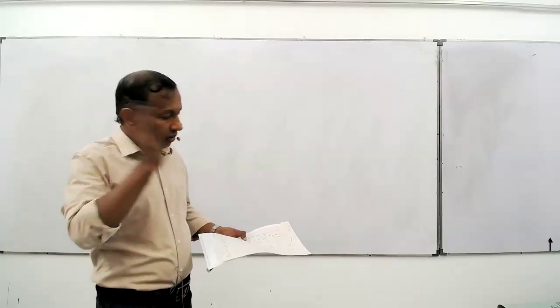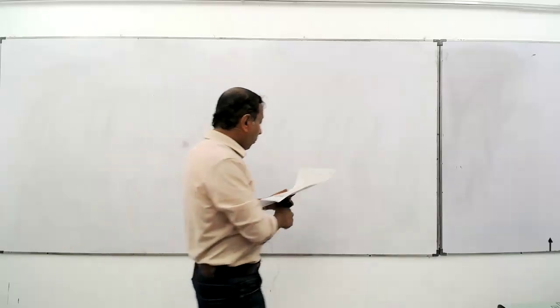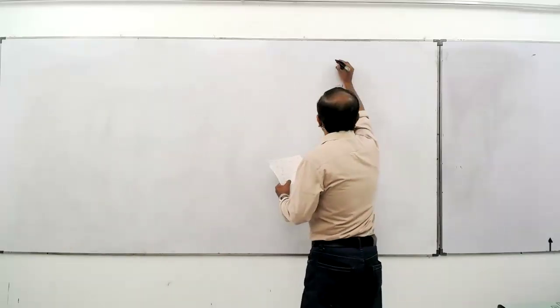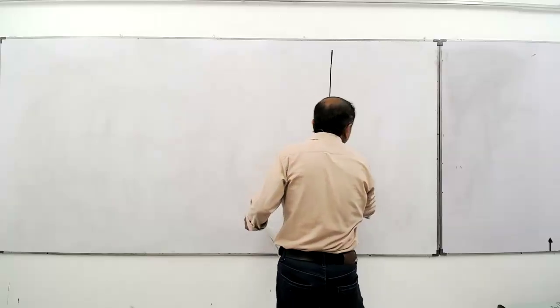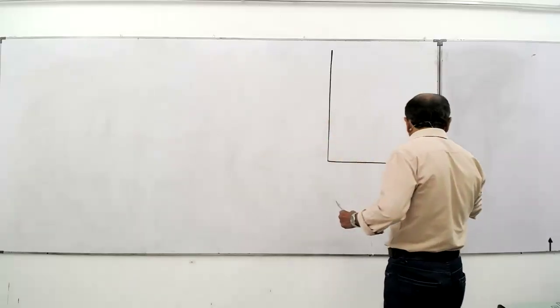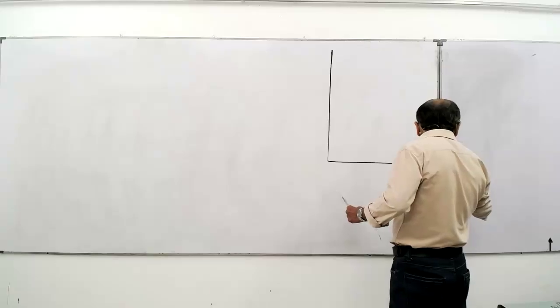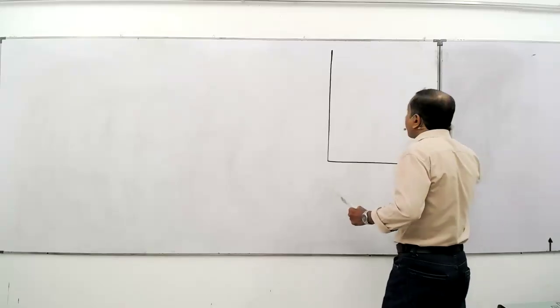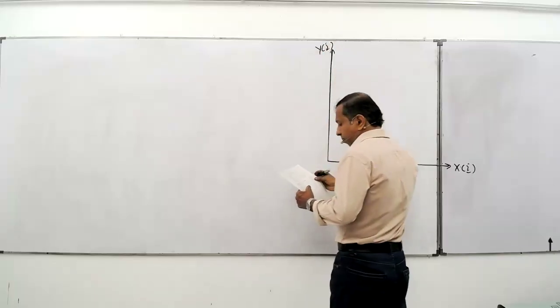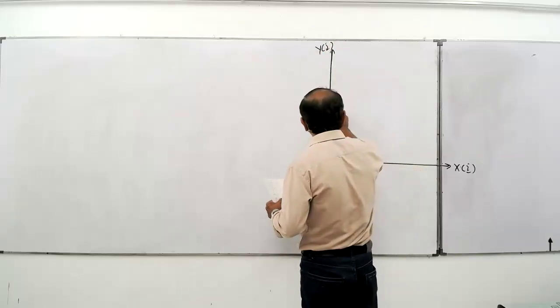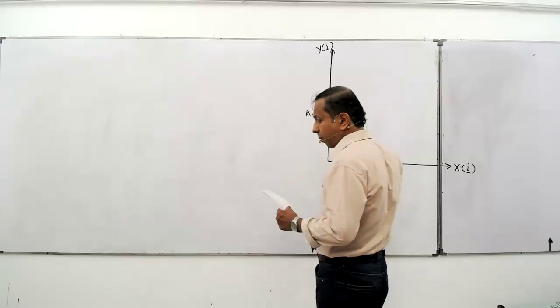Now we see here the x-axis, whose unit vector is i, and here the y-axis, whose unit vector is j. Point A is (0, 4) here.